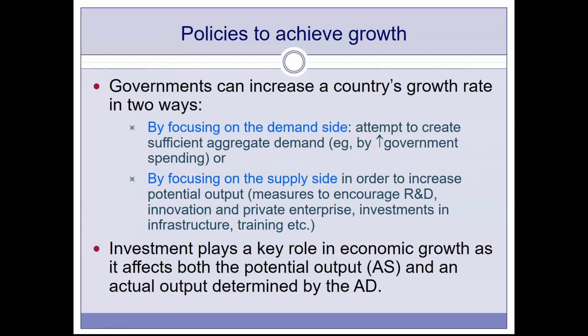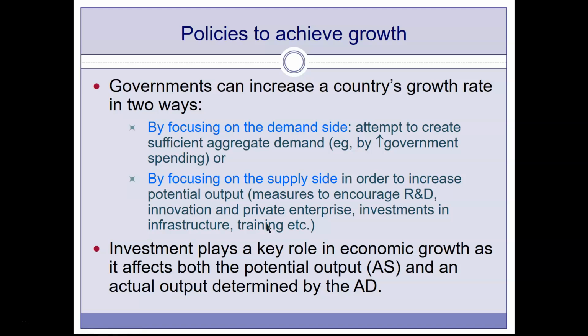Government can increase the rate of growth in two ways: by focusing on the demand side, by shifting aggregate demand, for example, by increasing government expenditure, or by focusing on the supply side, in other words, trying to shift the aggregate supply curve in order to increase potential output. For example, this can include measures to encourage research and development, innovation, private enterprise, investment in infrastructure, training, and so on. All these factors will shift the aggregate supply curve to the right.